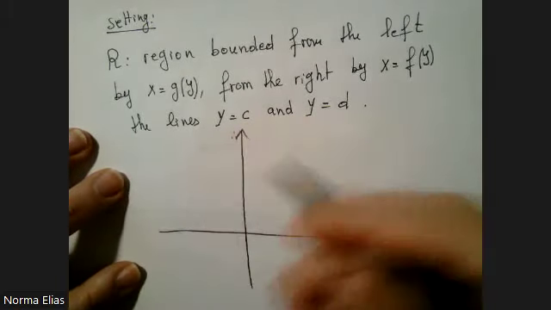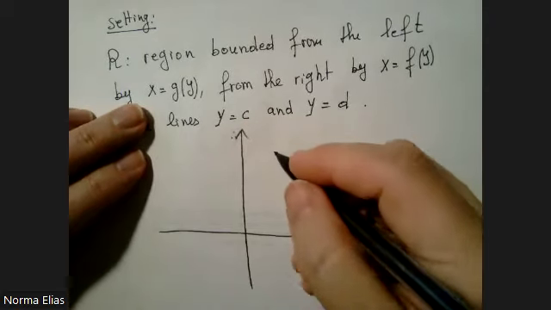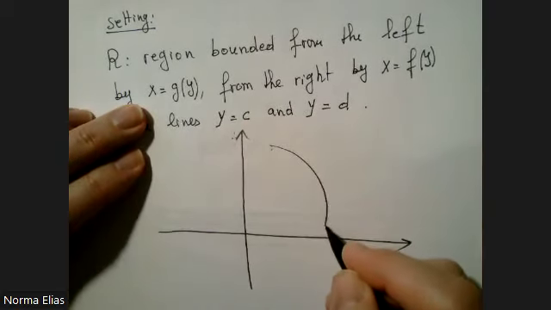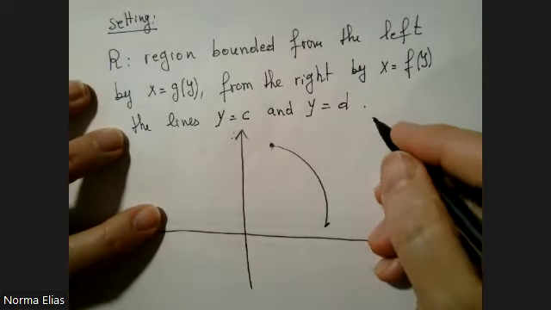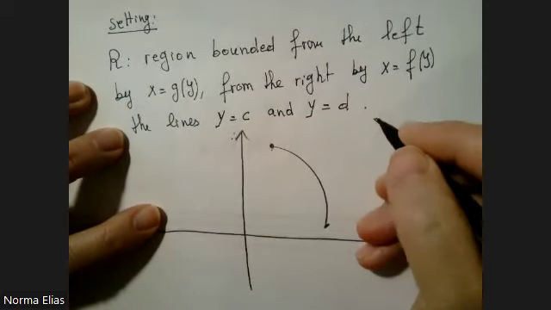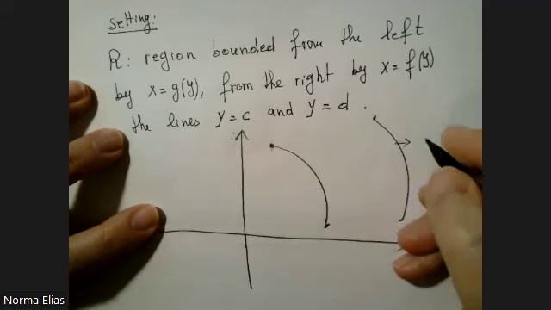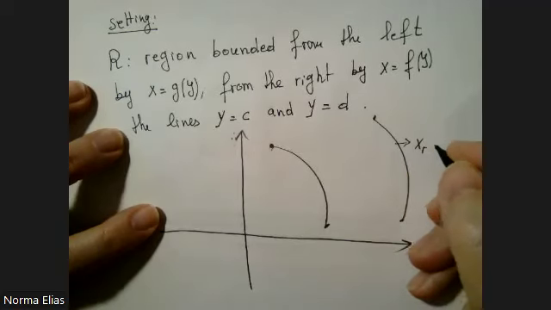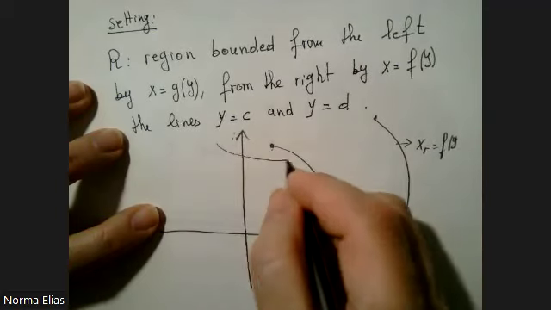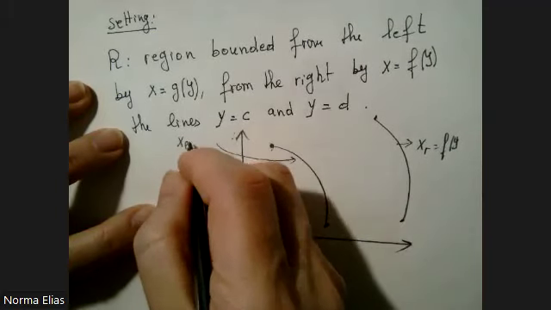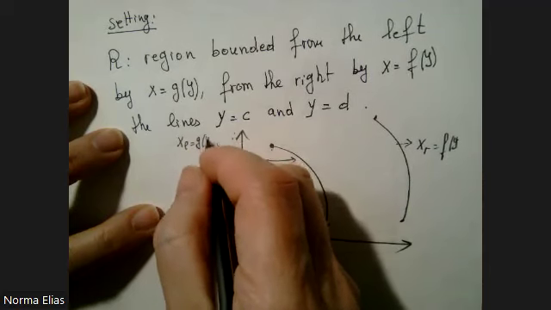That's the picture. So from the left, I have a curve. This is the left curve. From the right, I have another curve. So this is the right curve, x_R for right, it's f of y. And this is my left curve, from the left is g of y.